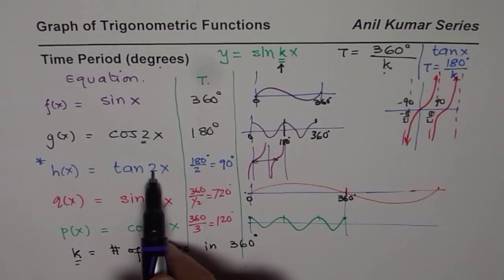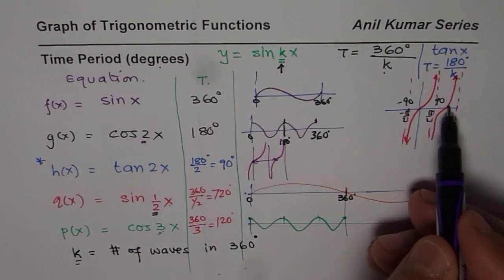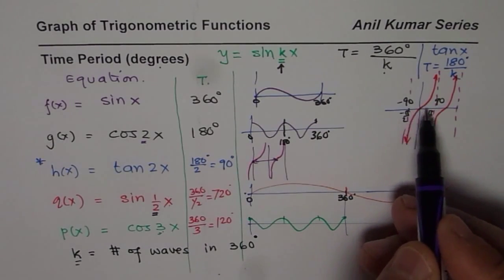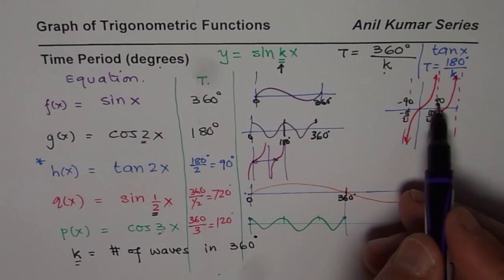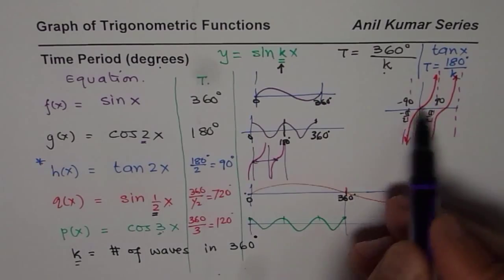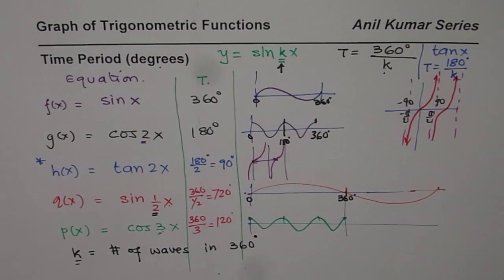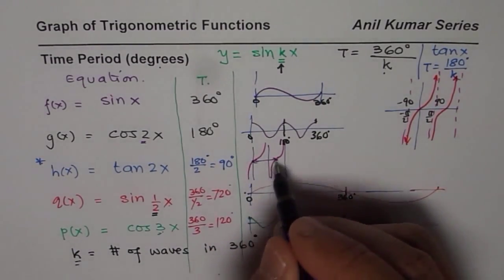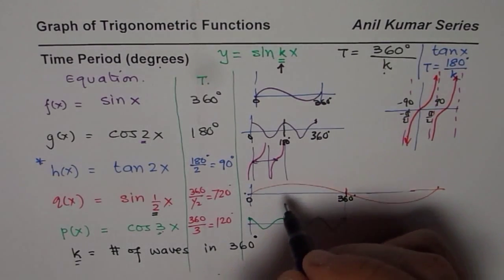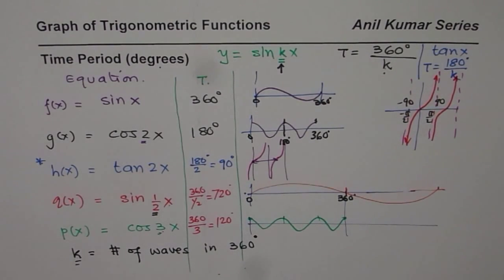So it really gets compressed, so this distance decreases. So these vertical asymptotes will not be at 90 degrees, will be at 45 degrees for tan 2x. Do you understand? So that is how it is going to be, right? So I hope with this you get a visual effect of what the equation really relates to.